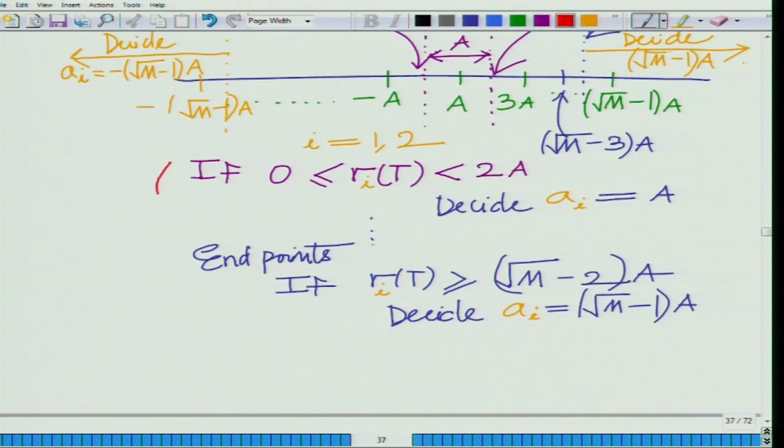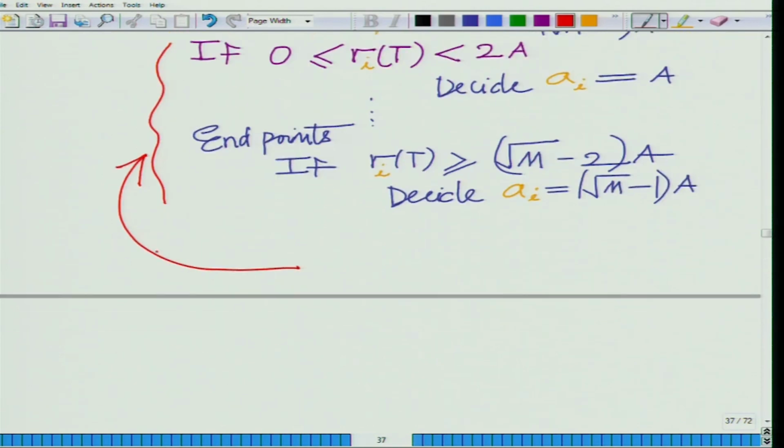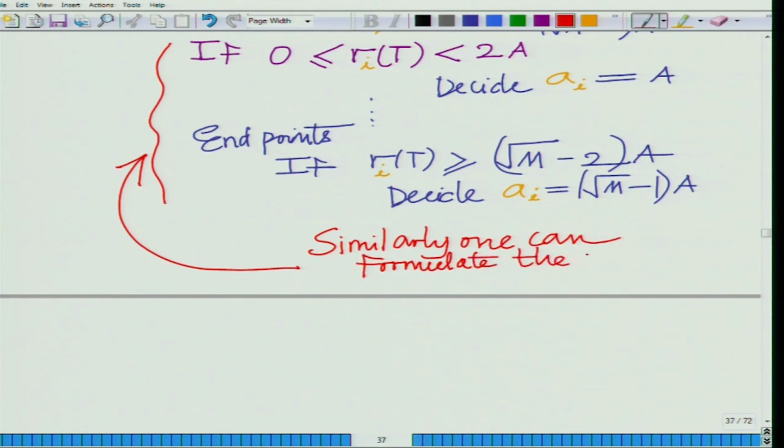And similarly, one can formulate the rest of the cases. Remember, the decision rule corresponds to a set of cases, that is, corresponding to minus A as well.